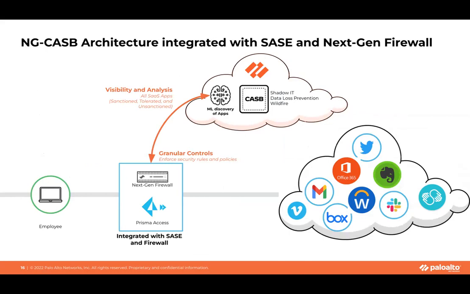I alluded to this earlier, but the ability to take advantage of this is through our SaaS inline product. All you really need is Cortex Data Lake as a requirement. So if your logs from Firewall or Access are feeding into Cortex Data Lake, we can pull from that and make sense of the information to expose shadow IT. We do a lot of machine learning for the discovery of applications, as you probably noticed in the previous slide.